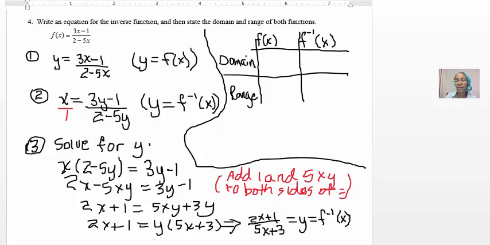Now notice that f is a rational expression, as is f inverse. And the only issue in this type of function is I have to omit any value that makes the denominator 0. So I have to omit the x that makes 2 minus 5x 0, and I'll have the domain of f.